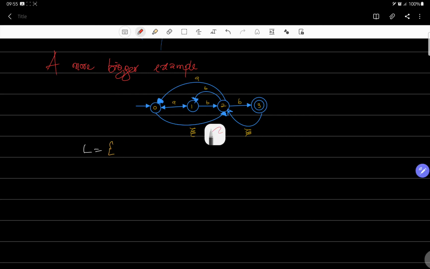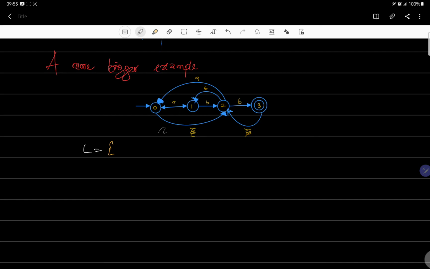Then the very first thing that we could generate from here is, anybody? Oh, sorry, I'm the only one here. Let's say from 0 you can go to 1, which means a can be the very first thing we have here.